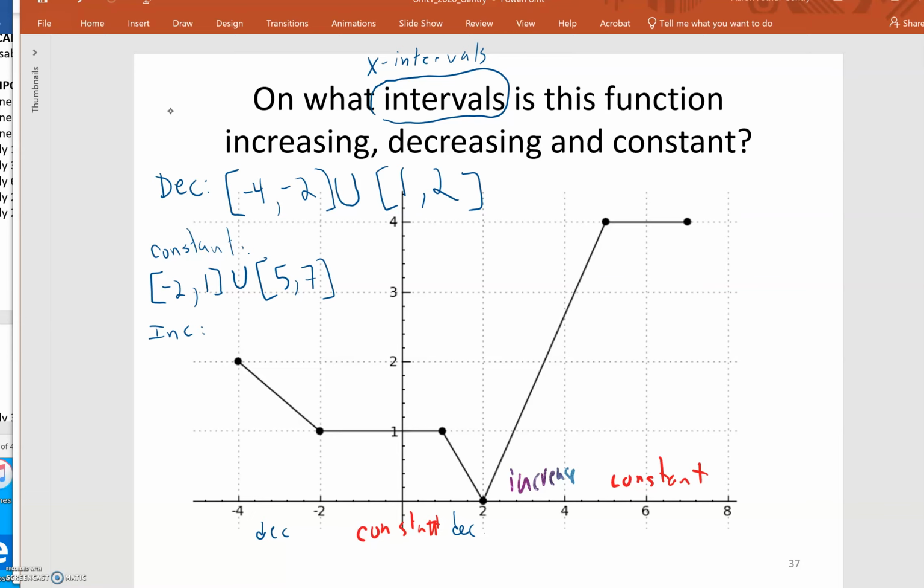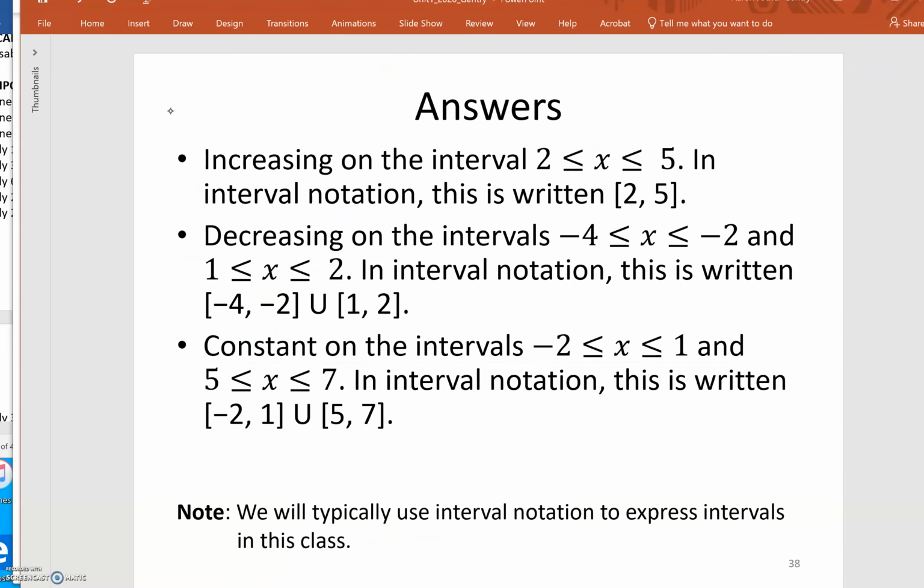There's only one region where it's increasing, and that is from 2 to 5. Okay. So here are your solutions. In slightly different order than I did them, but those are your solutions.